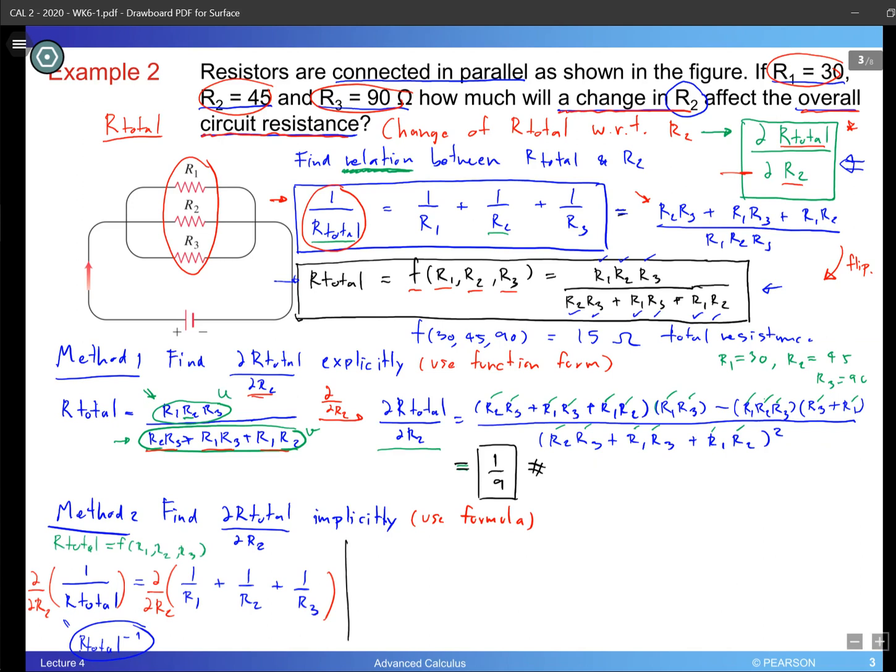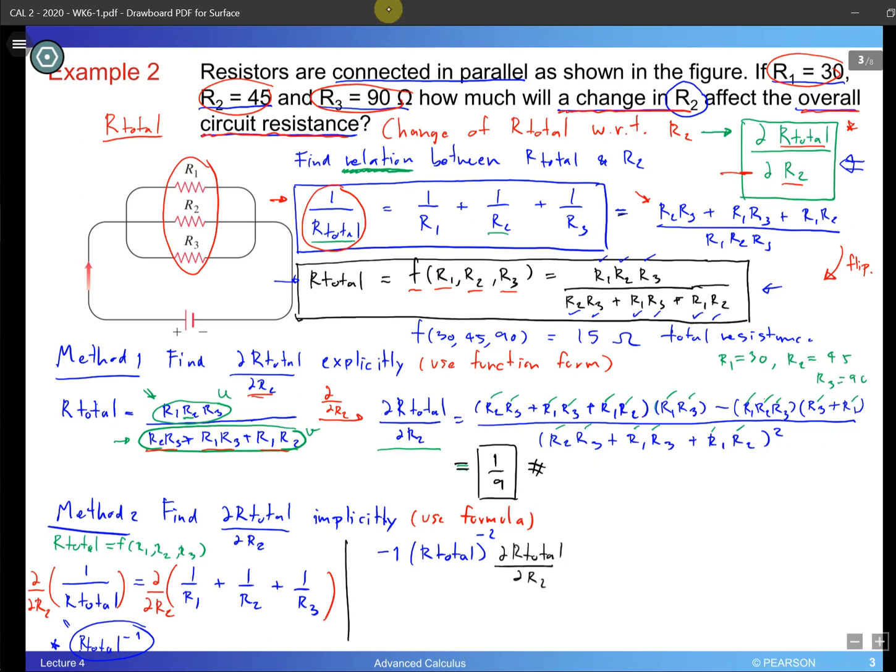Alright, so let's start by differentiating this by using the power rule. Power is going to come down to minus 1, and then we have this R total to the power of minus 2. Alright, and then we need to apply the chain rule because there is R2 inside this R total. Diff R total with respect to R2. Alright, now that is the left hand side of the equation.